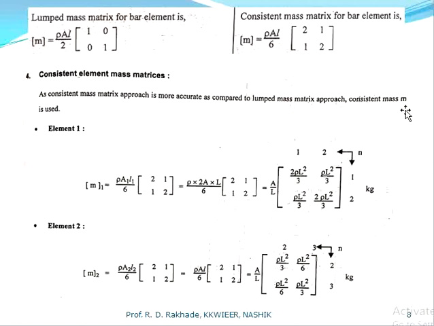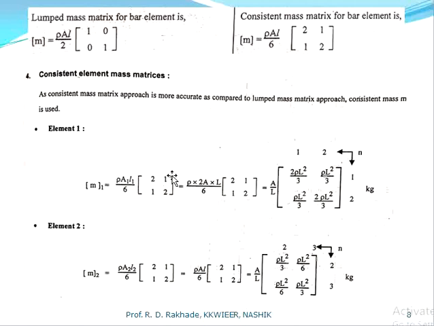So consistent mass M is used. We can use this formula, rho AL upon 6 times [2 1; 1 2]. Rho is density, A is area, L is length, and 6, 2, 1, 1, 2 are the constants.